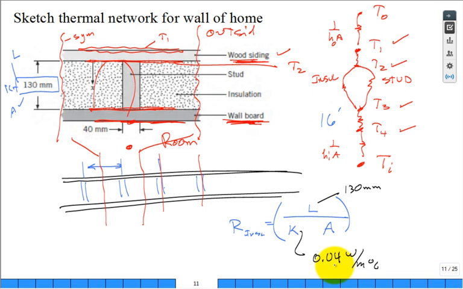The hard part, that area. You can do it for a section, or you can do it for the whole wall. At this point, you look at the problem and all the information given, and you make a choice. Am I going to do it for a section or for the whole wall? If you do it for the section, you need to know this distance here, right?